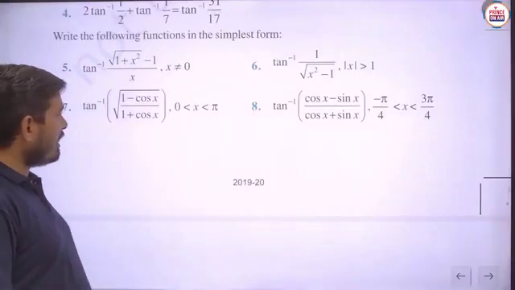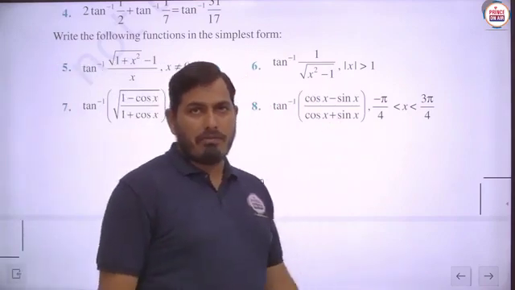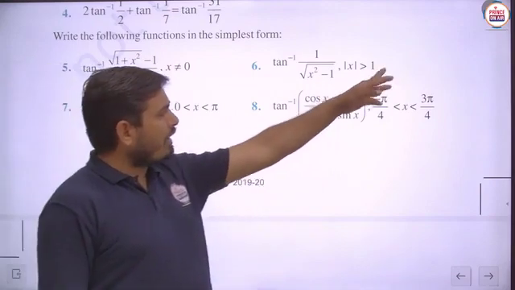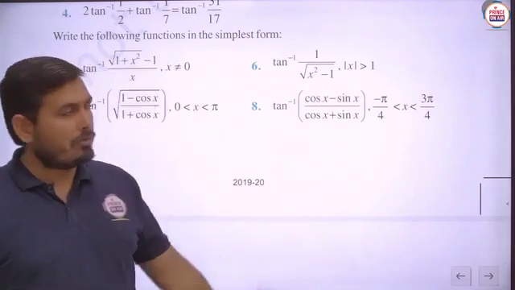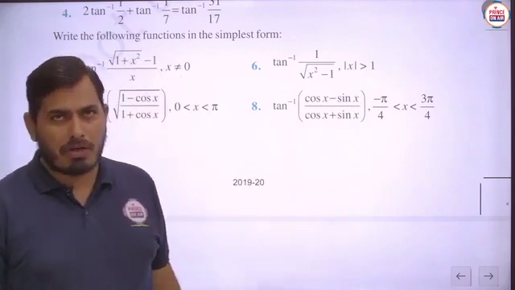Question number 6 is again a similar kind of question, where we have tan inverse of 1 upon under root of x square minus 1, where modulus of x is greater than 1. No problem. This condition is held to satisfy the principal value of tan inverse.